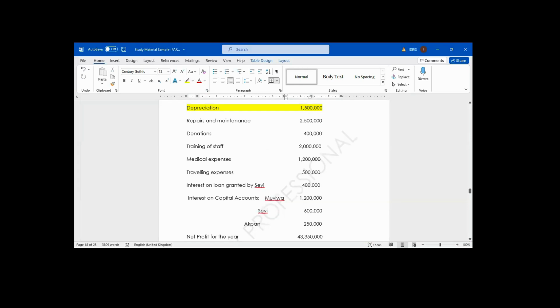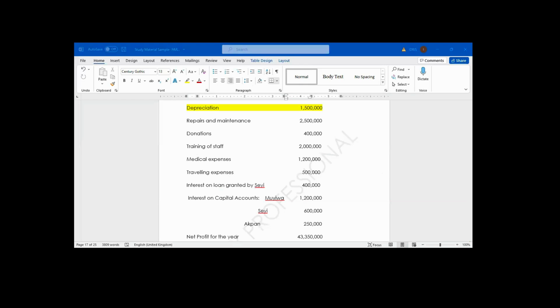Now, after donation, training of staff, allow or disallow? It's allowable expenses, sir. Medical expenses, allow or disallow?